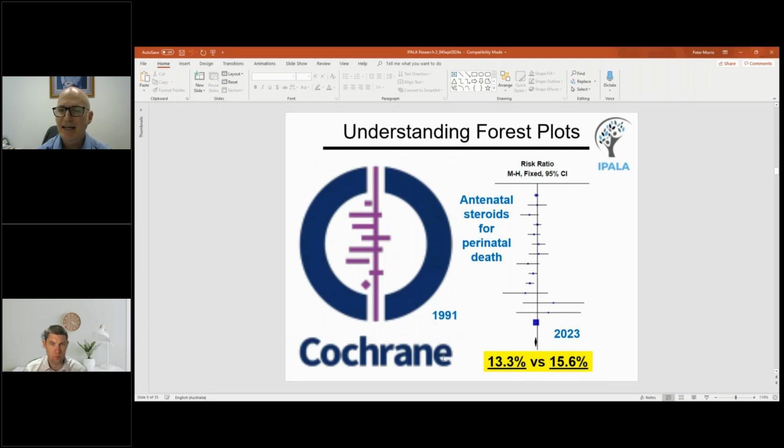So let's look at some evidence that's used to help decision making. On the left-hand side of the slide is the Cochrane logo.